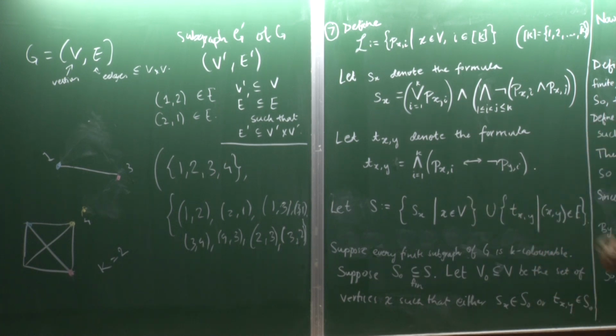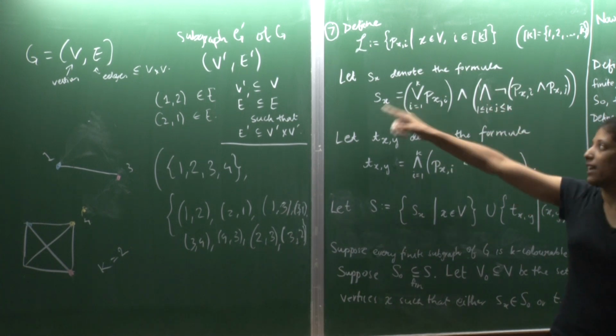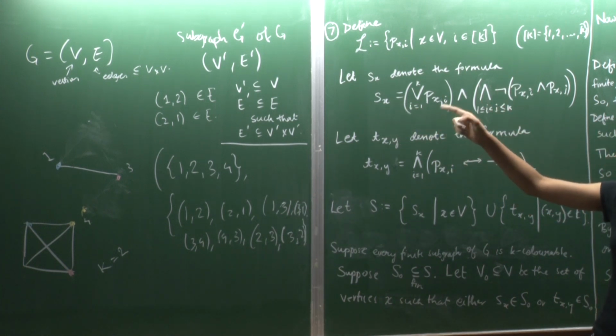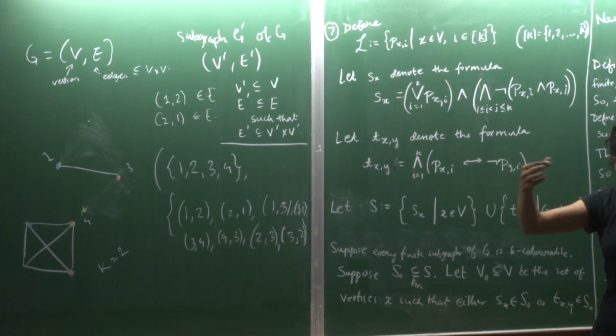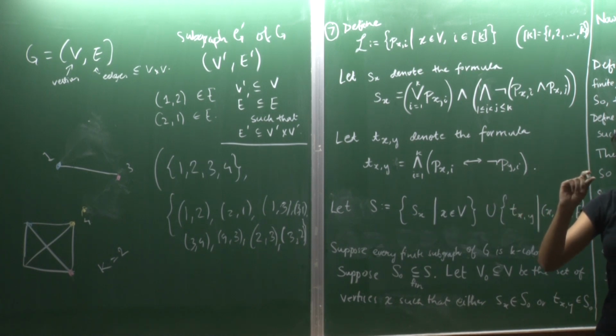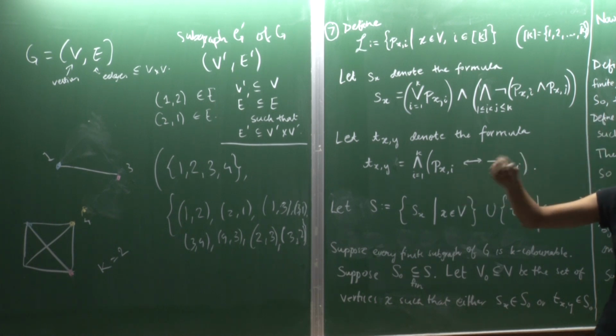And then you define a formula for each vertex. You define Sx, which says what? You want Sx to denote the fact that the vertex x receives exactly one color, right? So for k-colorability, that is one condition, that each vertex receives exactly one color because it's a function. It's given to be a function. Therefore, each element of the domain needs to receive exactly one element of the range.